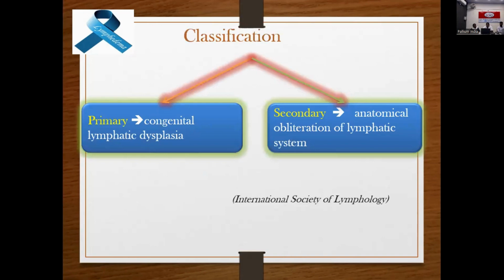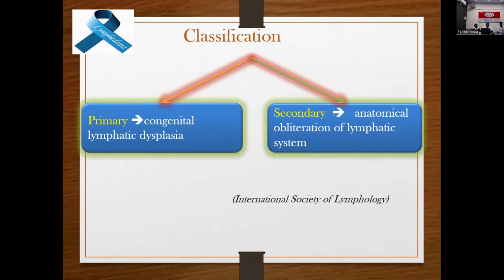For lymphedema, there are mainly two classifications. The first one is primary and the second one is secondary. Primary means congenital lymphatic dysplasia: from birth itself, the person may have some disturbance in lymph system drainage.